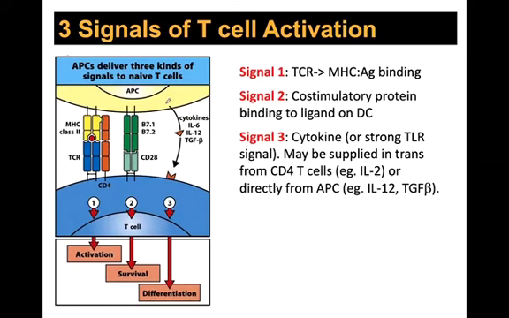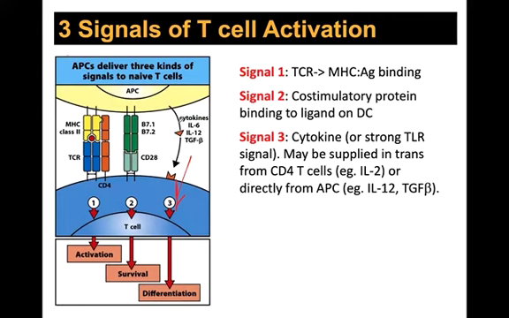If it is a nucleic acid that's being recognized by Rig-like receptors or some of the Toll-like receptors, then it's going to give a signal that says this is an intracellular thing and tell the T cell what kind of T cell we want it to be, okay? Now, this is the third signal, which is a cytokine. Signal 1 is antigen specific. Signal 2 is, yes, it is an infection because I got a costimulatory protein. Signal 3 is what kind of infection is it? So it's really modifying the response.